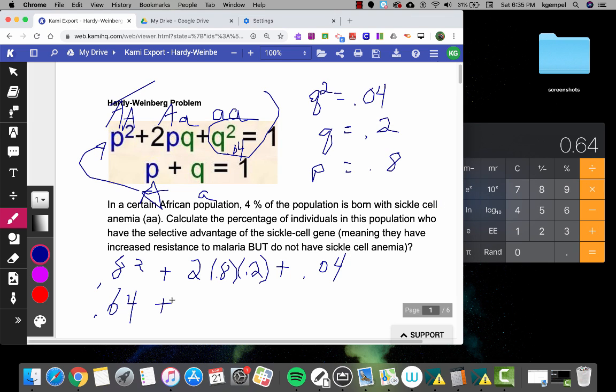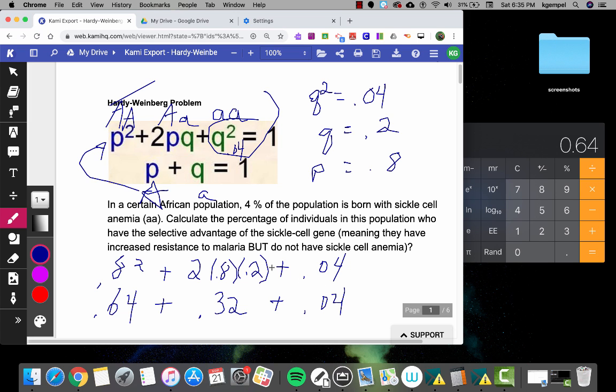And then plus, you guys know 8 times 2 is 16, times 2 is 32, 0.32 plus 0.04. And if I did that right, those should all equal 1. So I have 96 and 4. That should equal 1.